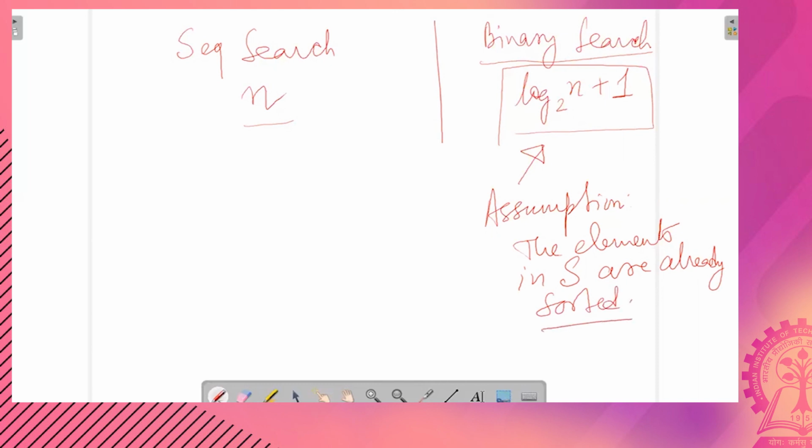Unless this assumption holds, binary search will not be successful. However, if you have a set or a list of elements which you know is already sorted, then it is always more efficient to use a binary search compared to a sequential search.